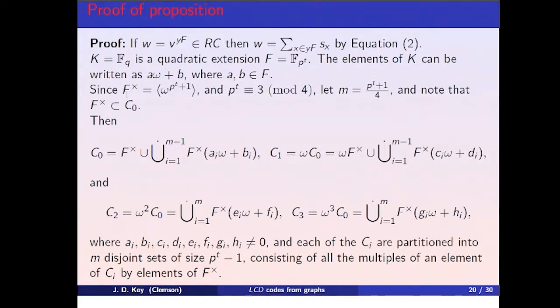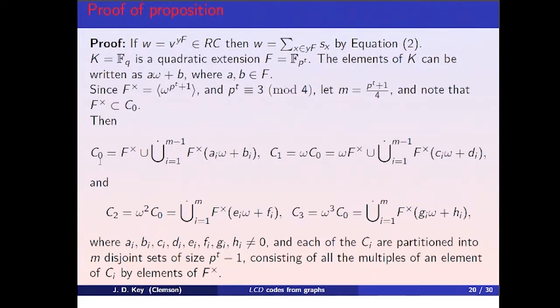F, this little field here, is spanned by omega to the p^t plus 1. And so we write M as this number here, which is an integer, just by the incongruences there.